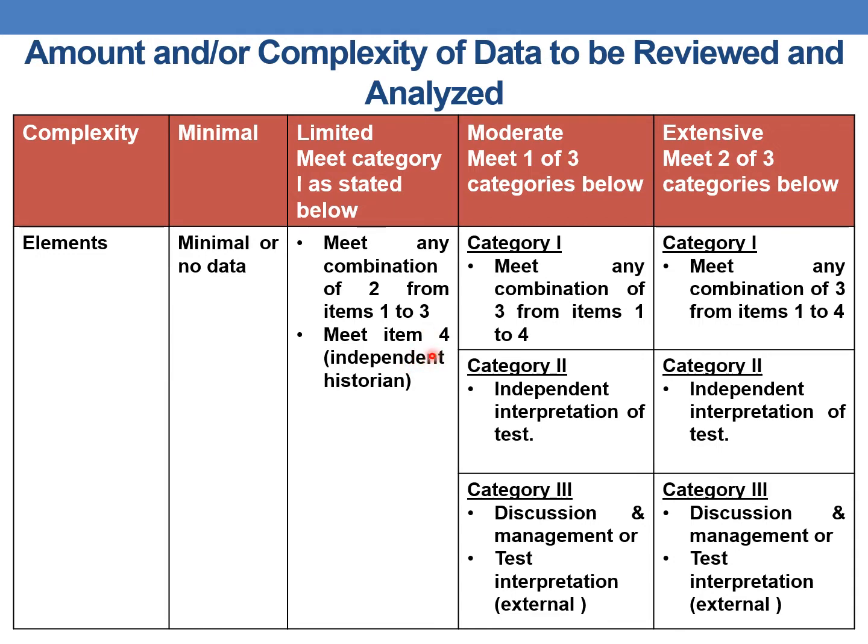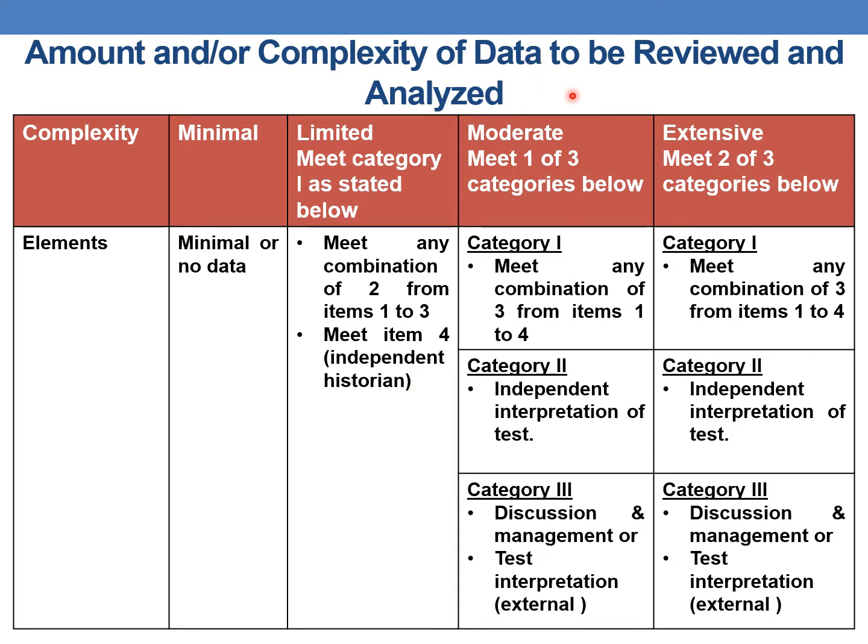In simple words, in medical decision making, whenever an independent historian is used for determining the history of a patient, the complexity according to the amount of data to be reviewed goes to limited. This also applies when 2 from items 1 to 3 are met. There are 4 elements in category 1. In those 4, either the 4th element is met or any 2 points from 1 to 3 are met. In all these cases, the complexity is considered to be limited.